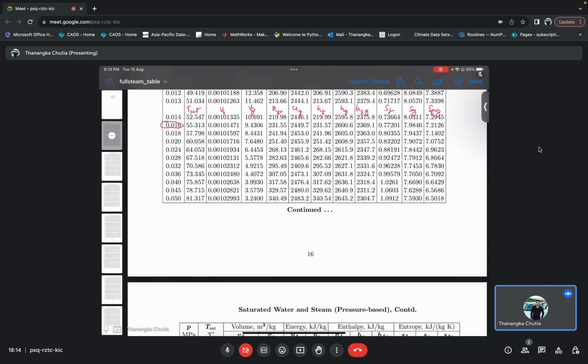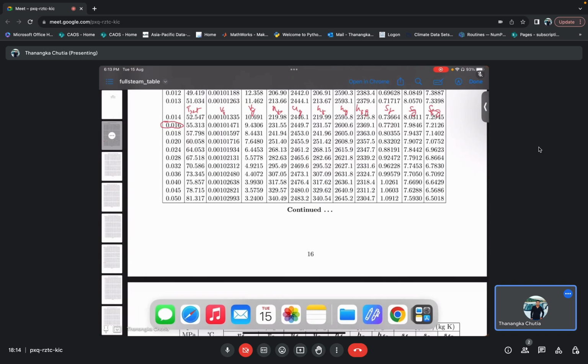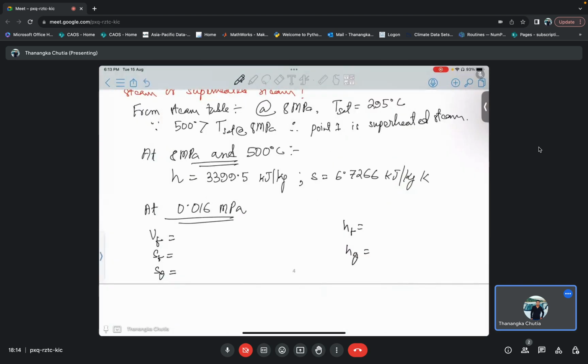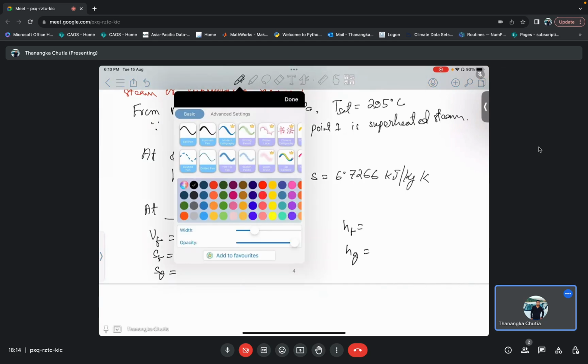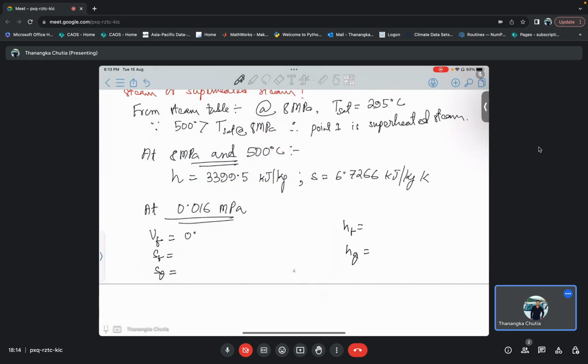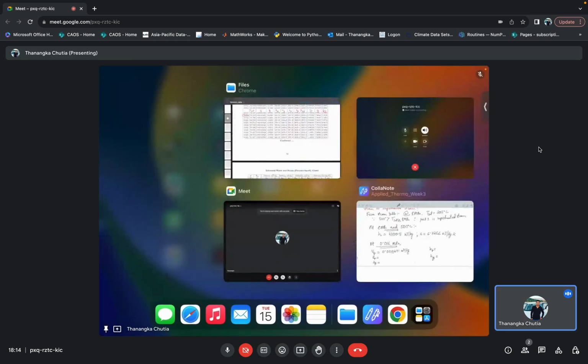VF. Okay, so what is VF? 0.001047 meter cube per kg. What is my SF?